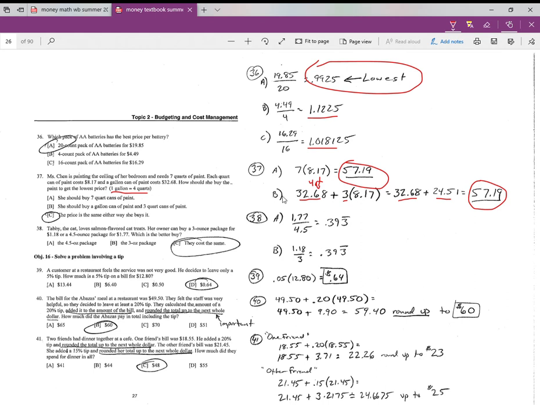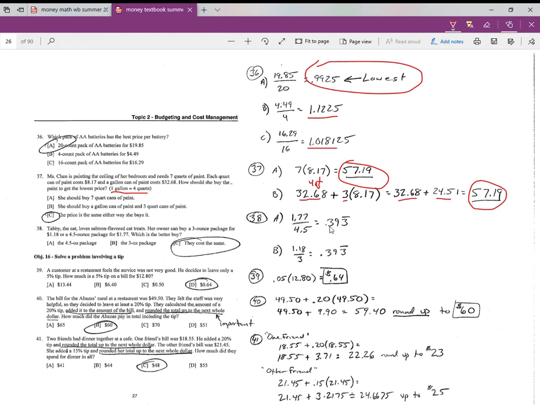Okay, and the last one, very similar to a couple of the other problems. You're looking at cat treats. You get 3 ounces for $1.18, or 4.5 ounces for $1.77, which is a better buy. So the 4.5 ounce package is $1.77. You get 4.5 ounces.